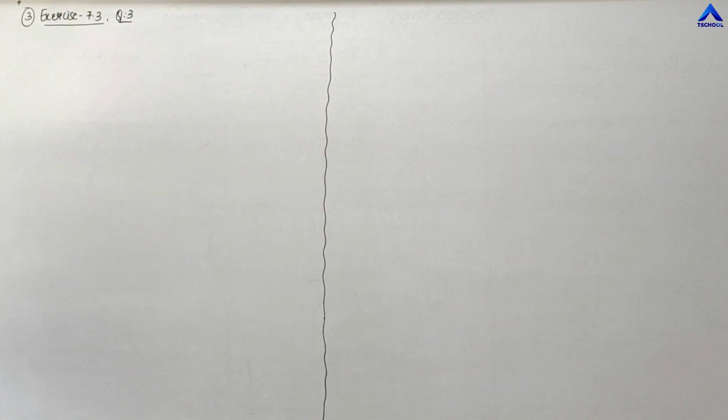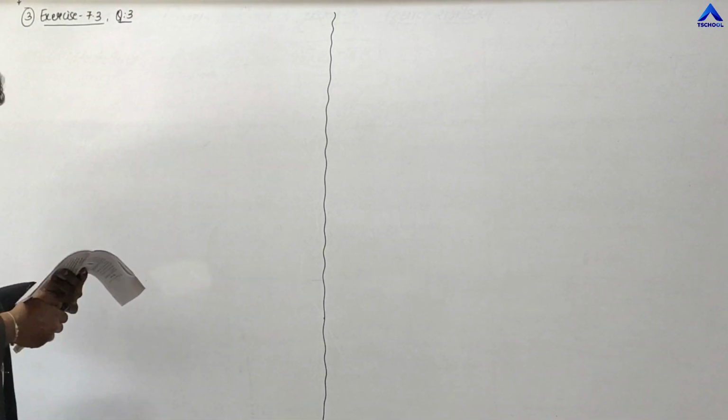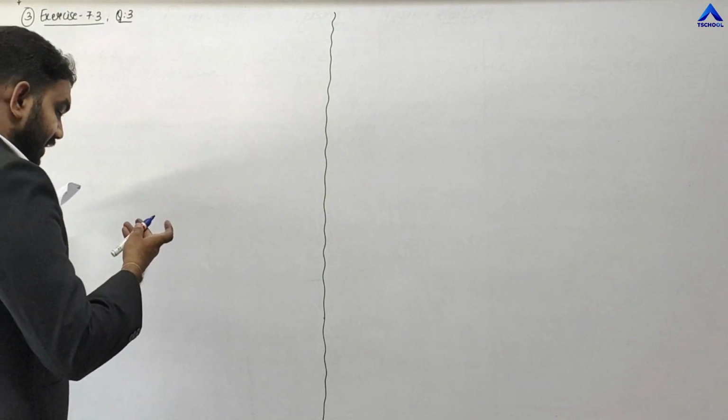I am reading the question: find the area of the triangle formed by joining the midpoints of the sides of the triangle whose vertices are 0, -1, 2, 1 and 0, 3. Find the ratio of this area to the area of the given triangle.